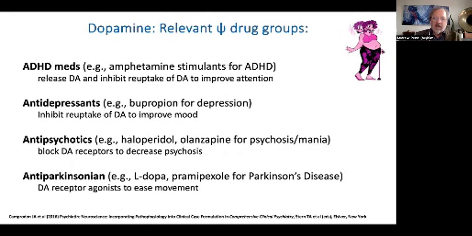The transporter is the thing that takes the neurotransmitter back up into the presynaptic terminal. We have our antipsychotic medications, dopamine blocking drugs of the first and second generation, which we'll take a deeper dive at a later date. And then drugs that are used to treat Parkinsonism. These can be direct dopamine receptor agonists.